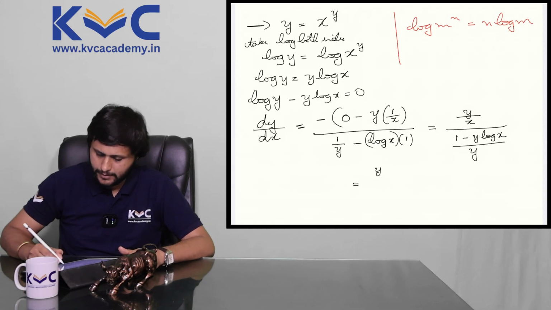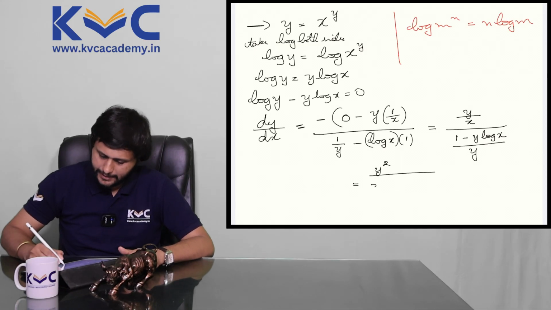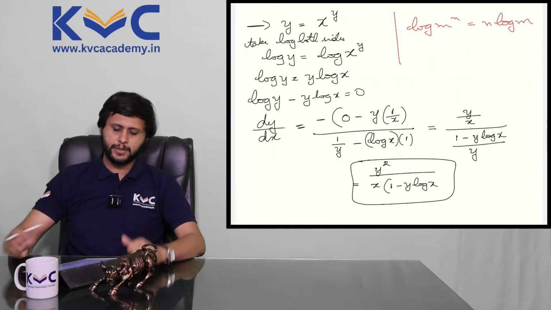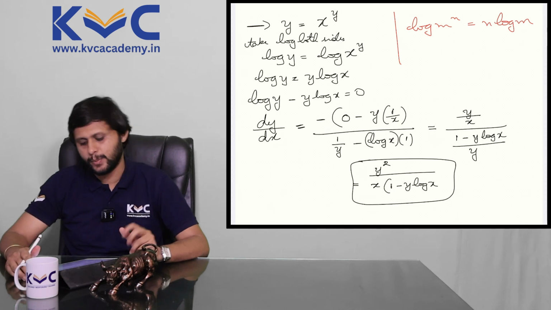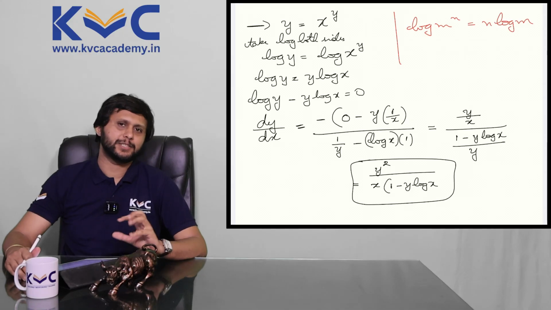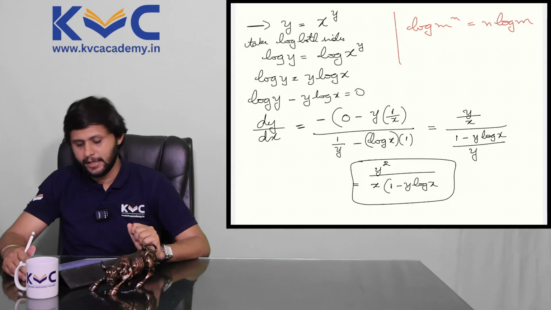We get y square divided by x into 1 minus y log x. This is the final answer. So this is the second category type of questions where we use logarithmic differentiation, basically just putting log on both sides, simplifying it first and then differentiating.